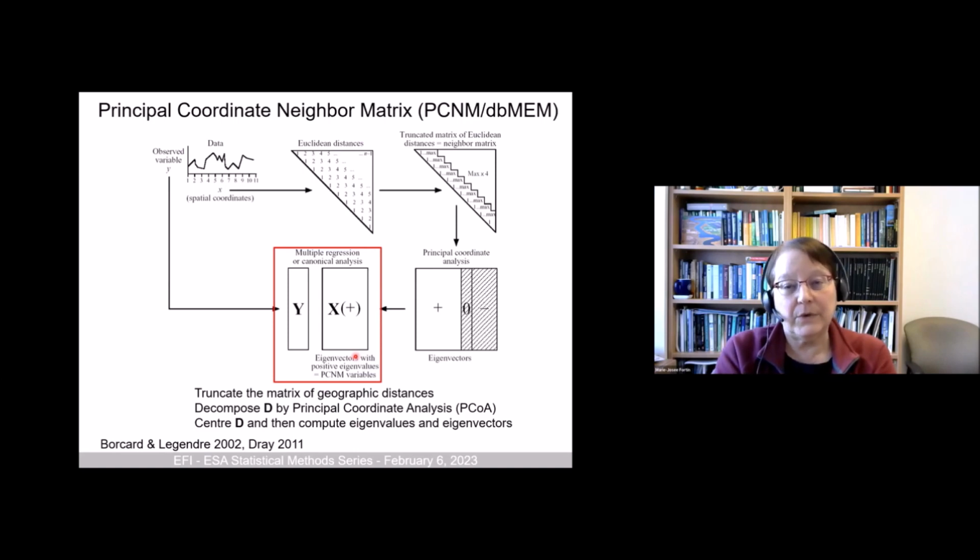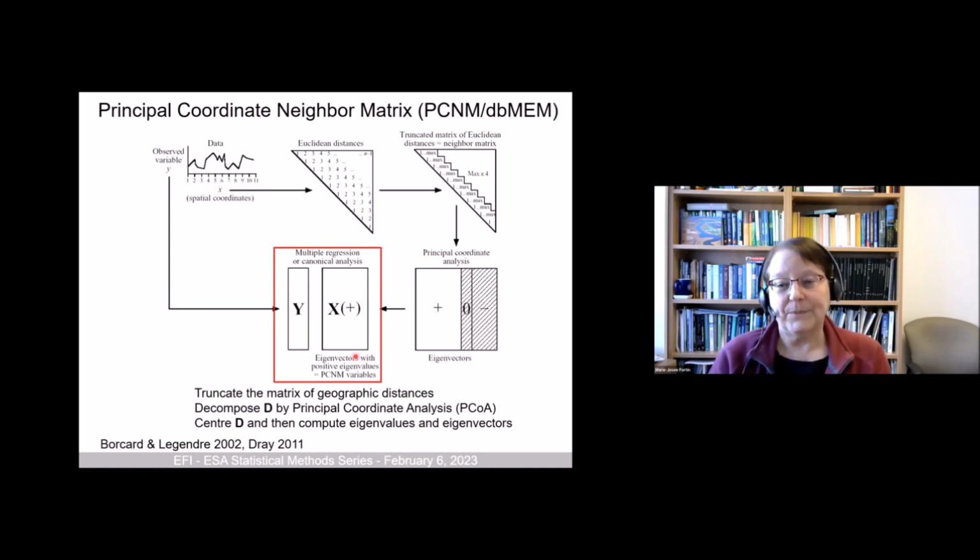This is a method that allows us to decompose the space into different scales. It was not proposed, but presented, by Borcard et al. in 2002. If you're very interested, I think Stéphane Dray's paper in 2011 presents this information very well.